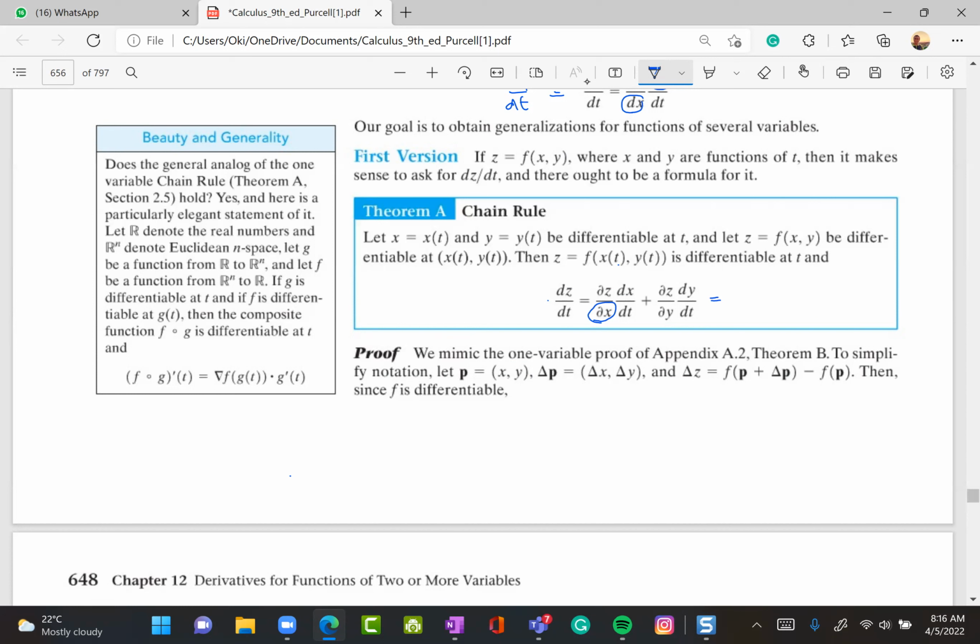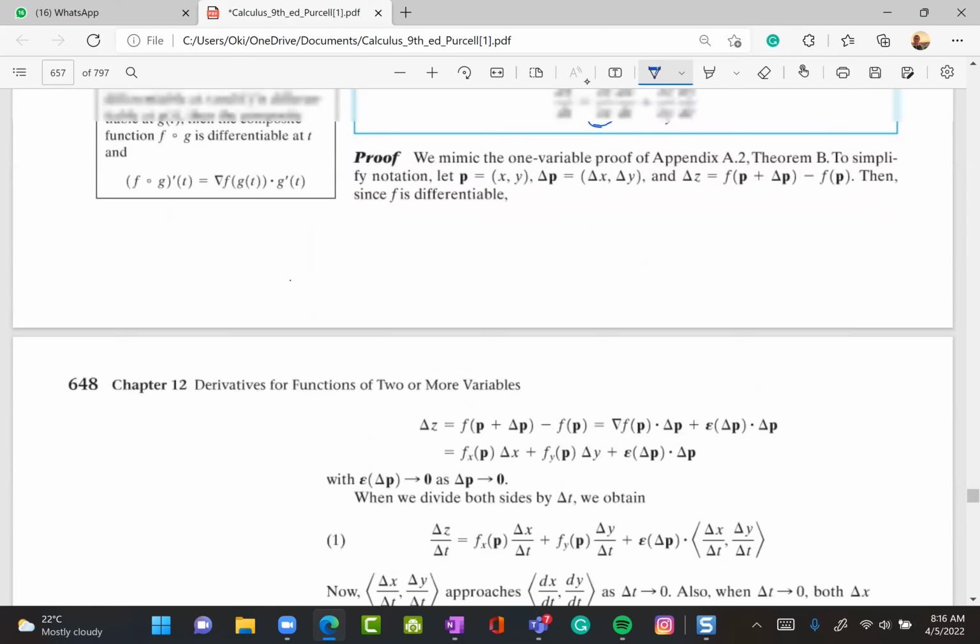So this looks like the gradient of z times a vector dx/dt, dy/dt. A dot product.